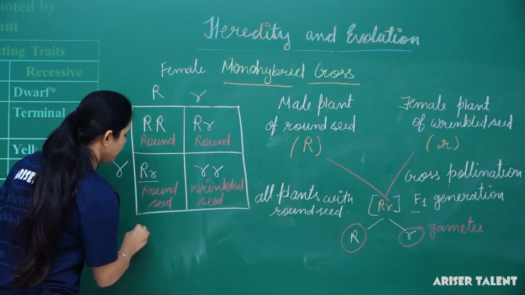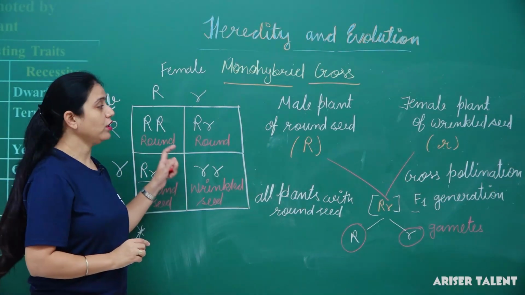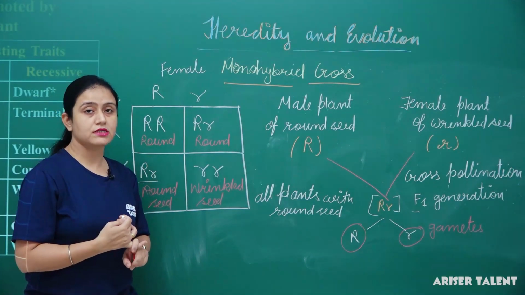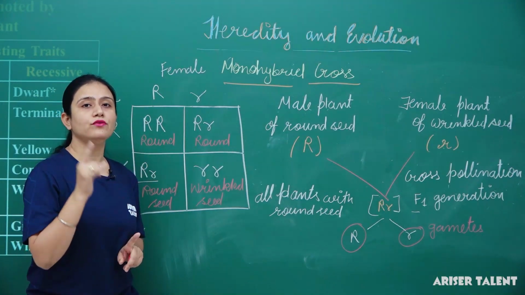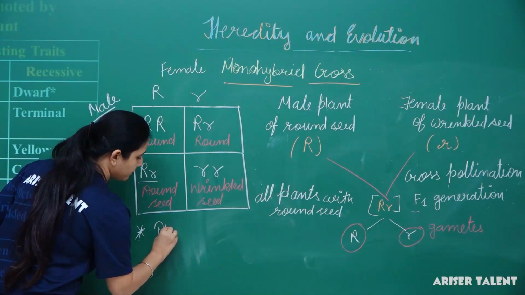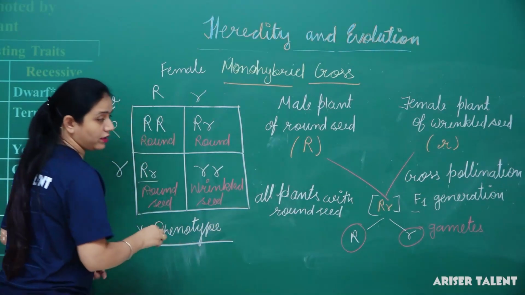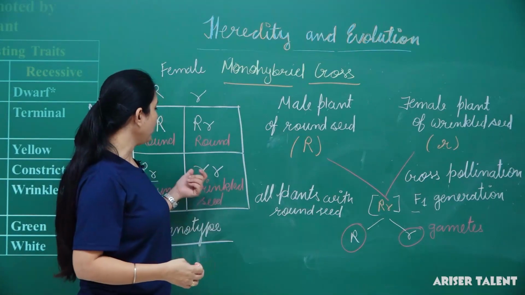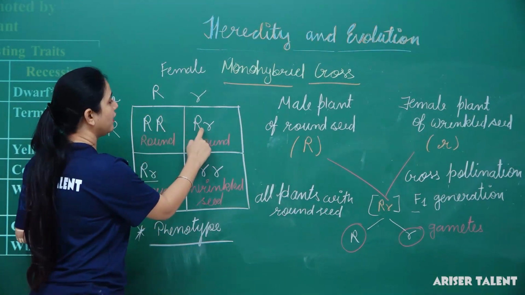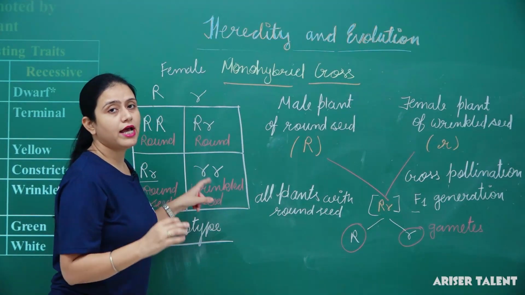So what is the result of monohybrid cross fertilization? If we go to the F2 generation, we find that most plants have round seeds and only one plant has wrinkled seed. If we talk about phenotype, meaning outer physical appearance, in three conditions it has round seeds.